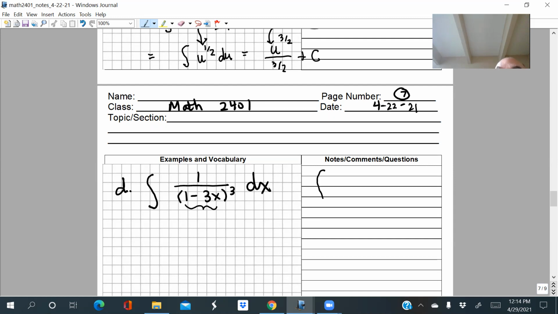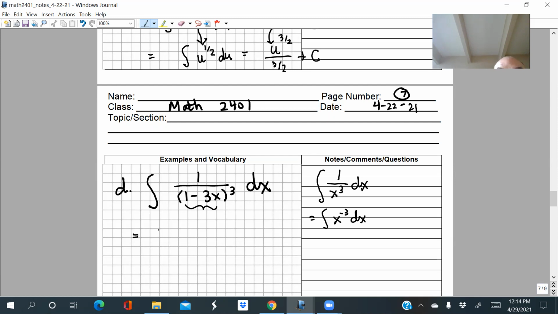So if I were integrating 1 over just x cubed, instead of 1 minus 3x cubed, then I would immediately just write this as x to the minus 3 power, and then I would integrate that using the anti-power rule. Add 1 to the exponent and divide by the new exponent.